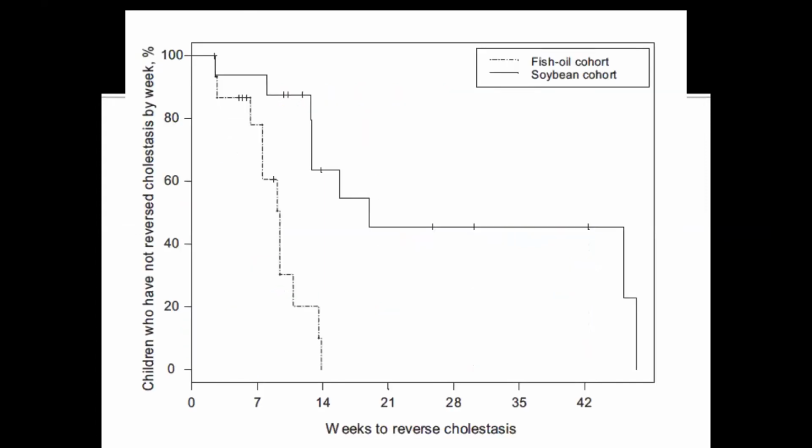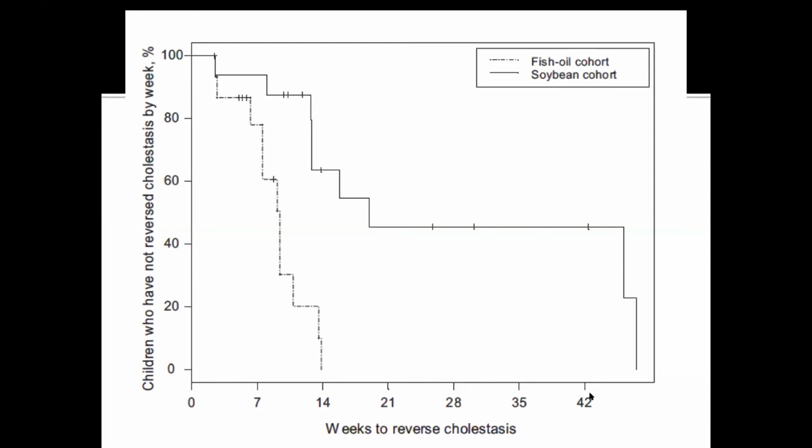They enrolled patients receiving Intralipid and the fish oil, and they compared their liver function. Patients who had cholestasis, with all the measures of reducing the PN and the Intralipid, cycling the PN, and so on and so forth, showed that it will reduce the cholestasis over a long period of time.